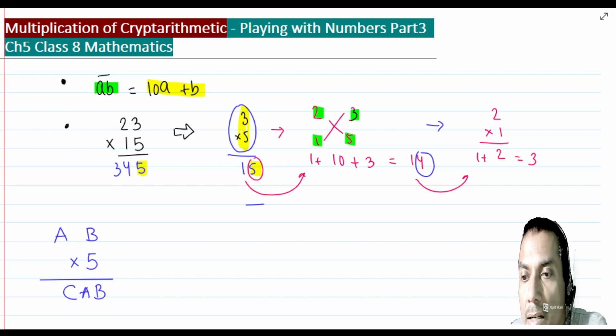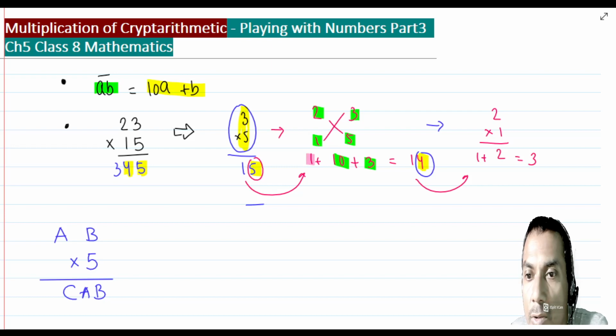We get 10 plus 3, and the 1 carried forward from the first step. Then we add together, we get 14. Out of this 14, we put the value 4 here, and 1 is carried forward to the third step.